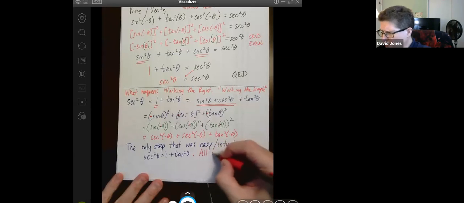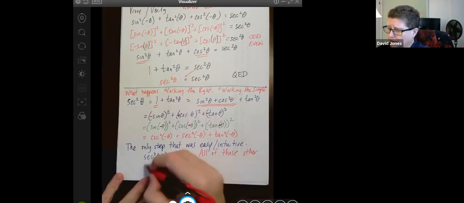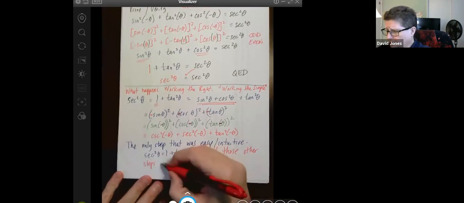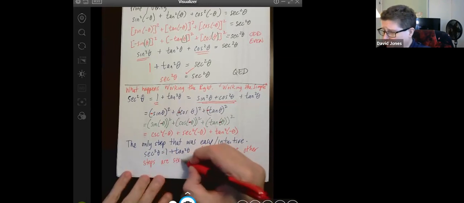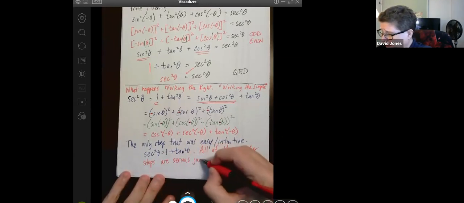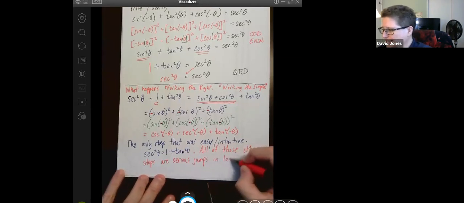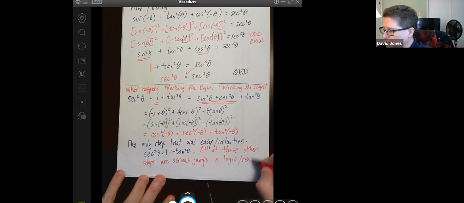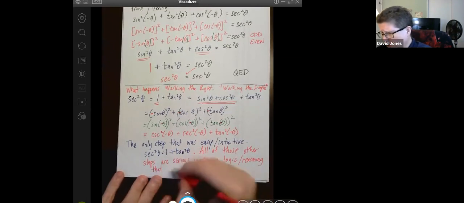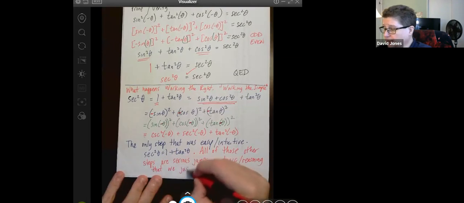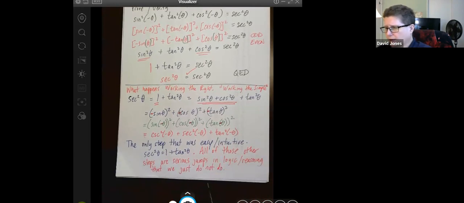All of those other steps are serious jumps in logic and reasoning to get to where you're going that most people can't do, myself included. It's too big of a jump.